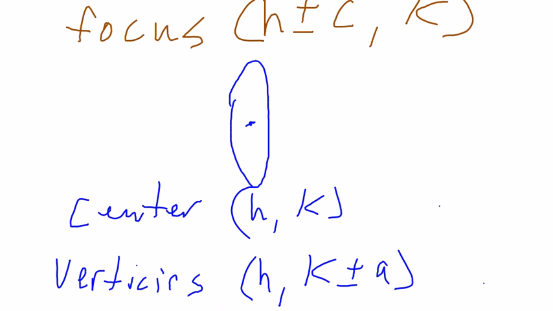So here would be my center, focus plus or minus c, vertex, vertex. Alright, and then the relationship that ties it all together is a squared minus b squared equals c squared. A little bit long. Let's do some problems. We'll go ahead and do example 1 next.